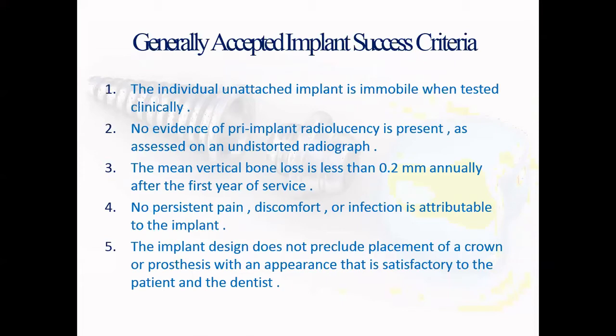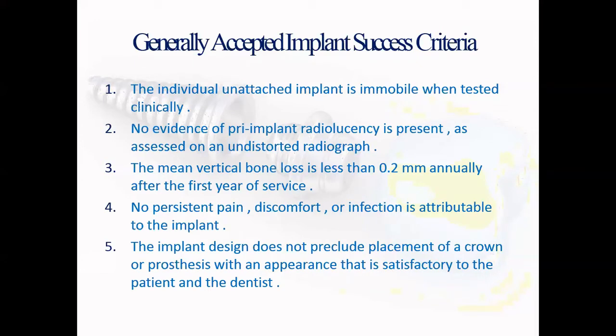Generally accepted implant success criteria: the individual unattached implant is not mobile when tested, so it should not be mobile, and there is no evidence of peri-implant radiolucency in the radiograph. The mean vertical bone loss should be less than 0.2 mm annually after the first year of service.